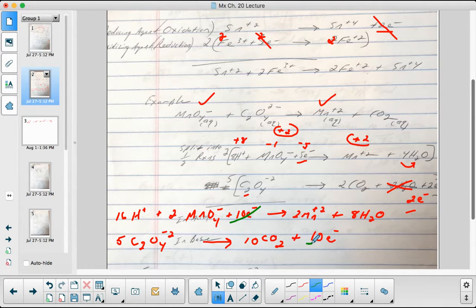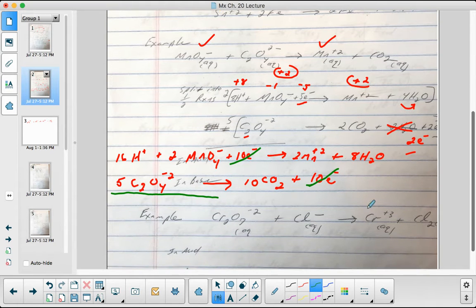And sometimes you'd have water in both equations and you could cancel some out, but we don't. So I won't do anything with the water except add it into my final reaction. And so my final reaction is going to look like this. It's going to have 16 hydrogens plus 2 MnO4 negative plus 5 C2O4 negative 2.